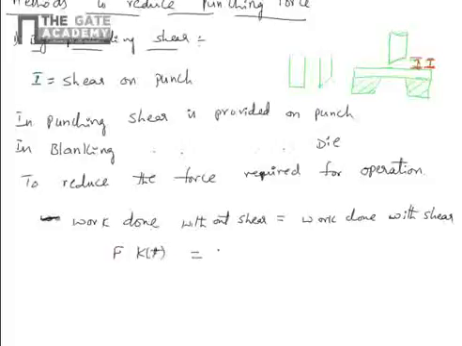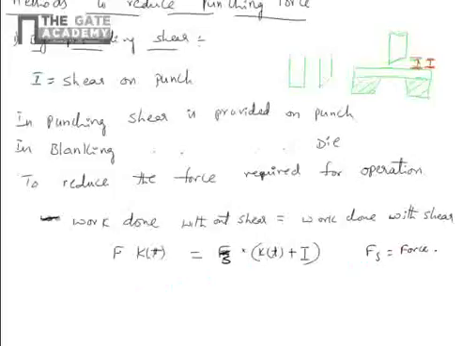But if you use shear, Fs is the force with shear, so Fs into (Kt plus I), where I is the extra travel due to shear.